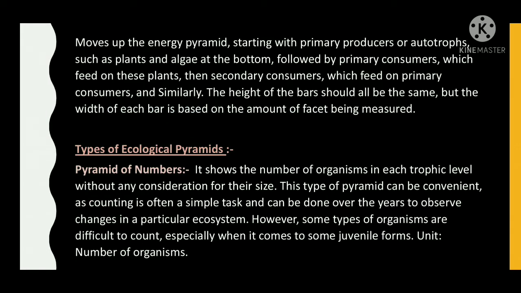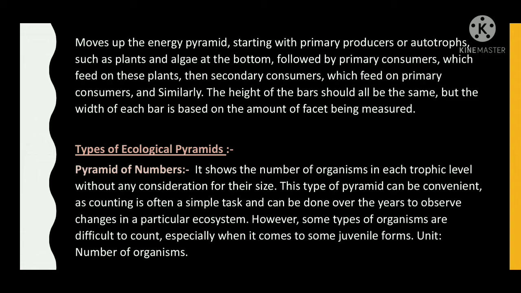The energy pyramid starts with primary producers or autotrophs such as plants and algae at the bottom, followed by primary consumers which feed on these plants, then secondary consumers which feed on primary consumers, and so on. The height of the bars should all be the same, but the width of each bar is based on the amount of the factor being measured.